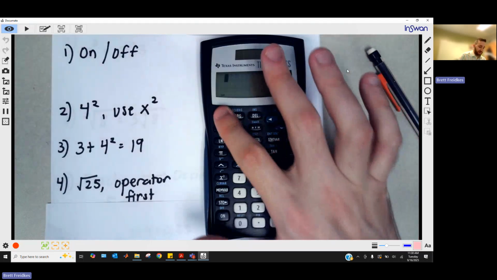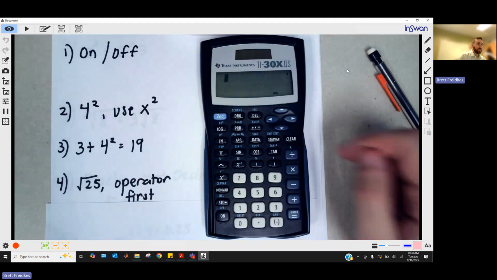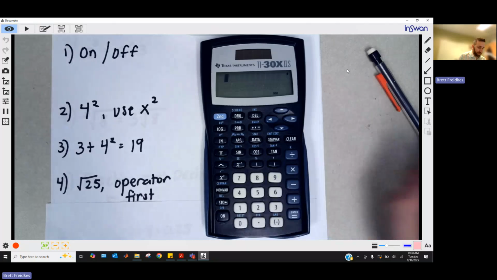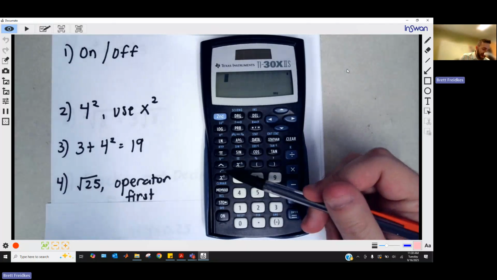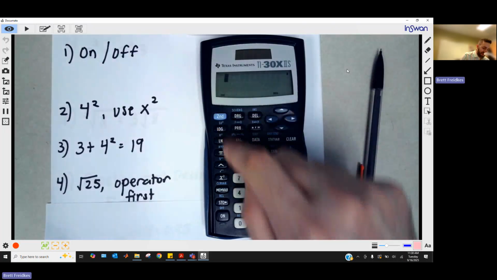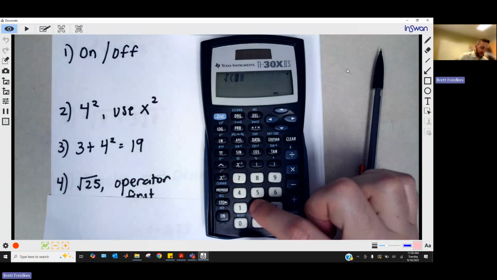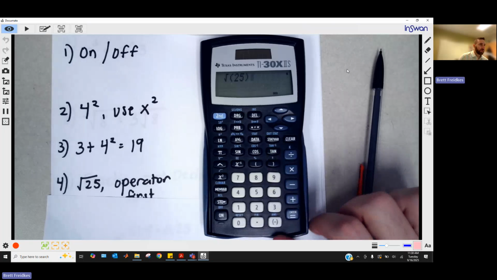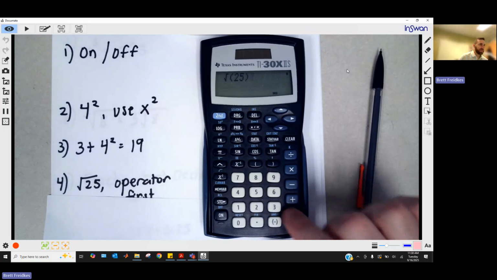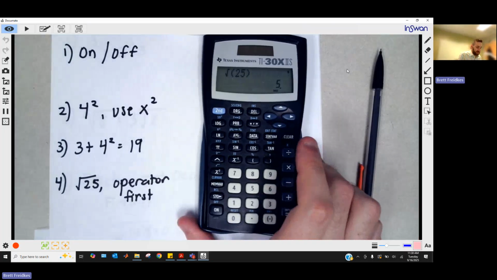If I were to do the square root of 25, I would do the square root operator first. Now that operator on here is the radical, which we see is above the x squared. So I'll do second, click that, and you see that now I've started to make the radical. I'll type in 25. I can close the parenthesis if I'd like, and then I would get 5 as my answer.